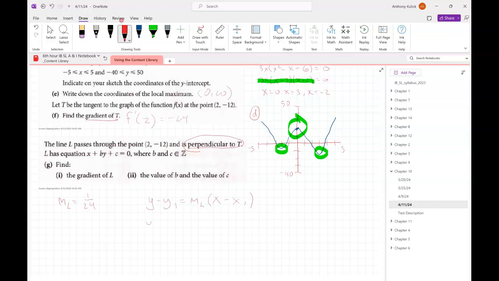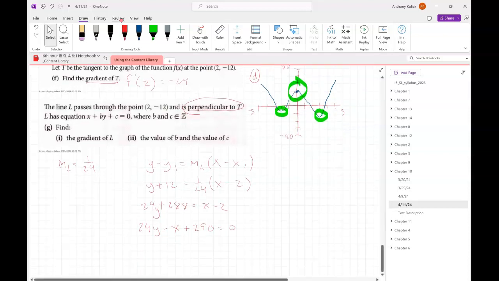let's do this. Multiply both sides by 24. Y. And then to get it all onto one side, what's my problem though?